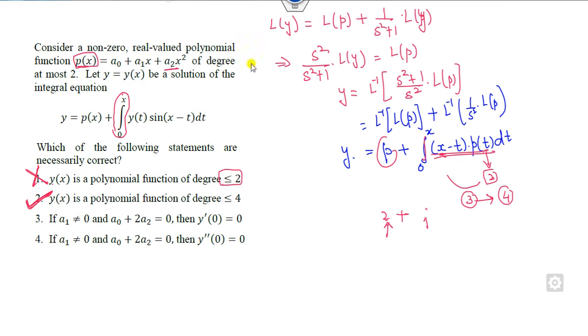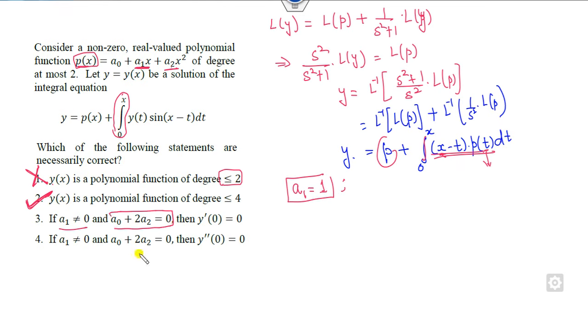Now look at the second, third and fourth options. If a1 is non-zero, say a1 is 1, and a0 plus 2a2 is 0, the sum of them is 0.